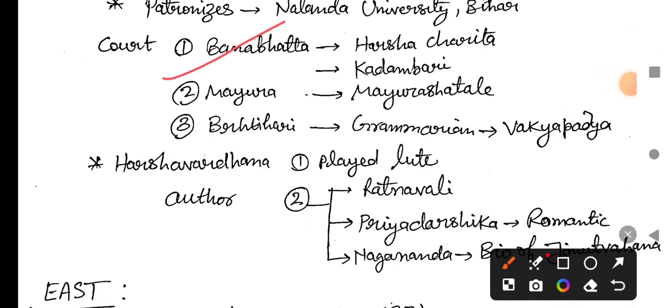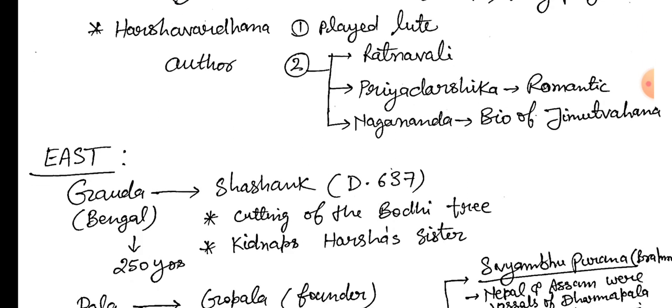Banabhatta wrote Harshacharita and Kadambari, and Mayura was the prominent poet who wrote Mayura Shataka. Okay. Bhartrihari, the grammarian, wrote Vakyapadiya.